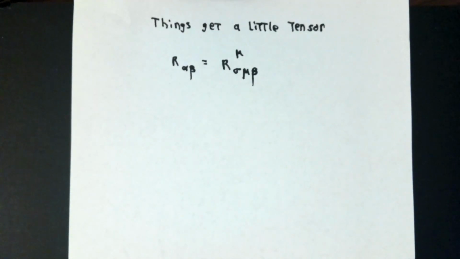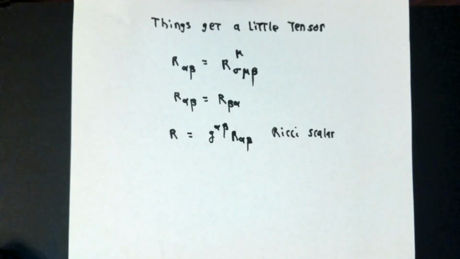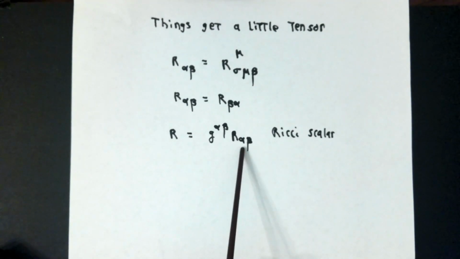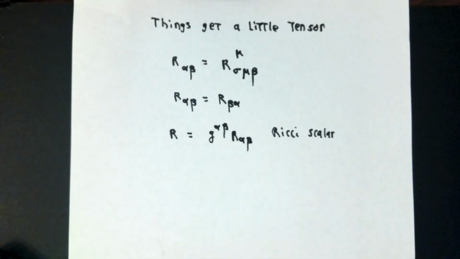It's not difficult to see, using our locally flat coordinate system, that this Ricci tensor is symmetric. If I form the quantity obtained by taking the components of the Ricci tensor, multiplying by corresponding components of the upstairs version of the metric and adding up, the result is called the Ricci scalar.